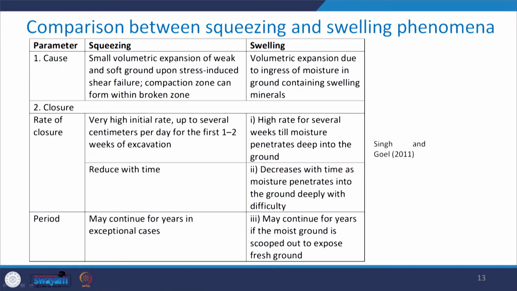So, we have been discussing the squeezing and the swelling ground condition, although I mentioned to you the difference between these two, and we saw that a swelling ground condition is mostly associated with the expansion of the rock mass in volume under the influence or exposure of water.